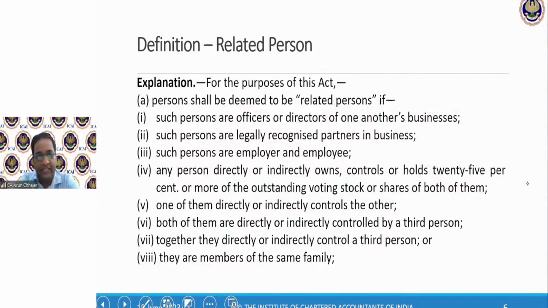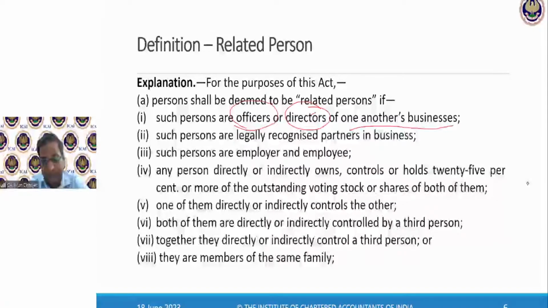Now the term related person has been defined in the GST law. What is the meaning of related person? It is in the explanation to section 15. Clause A says that they are officers or directors of one another's business. So the business and its director or officer will be considered related persons.